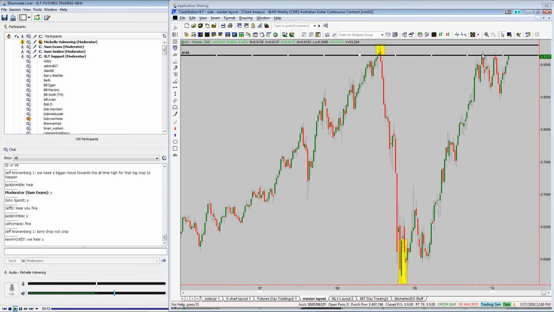All right, so what I'm seeing on this Aussie dollar trade is that we've come right back up on this weekly level into an area that had been a previous rally, a base, and a huge drop. Now, we've been talking about this trading opportunity for quite some time, and you can see that it has come back up into that level.